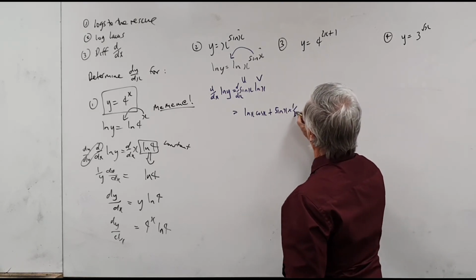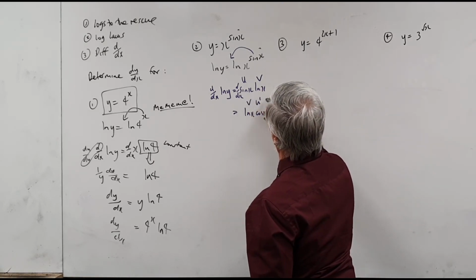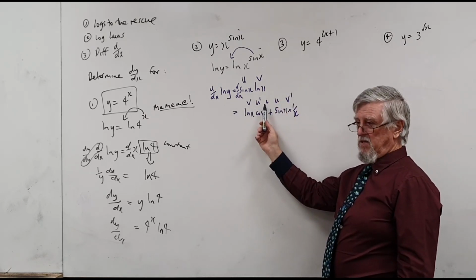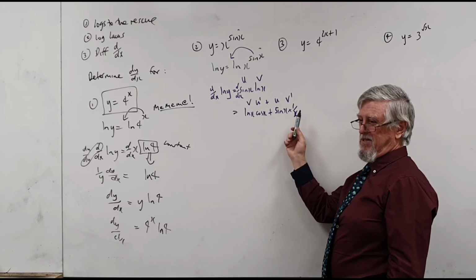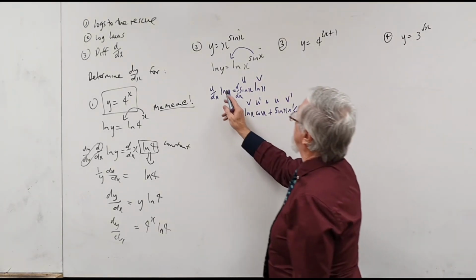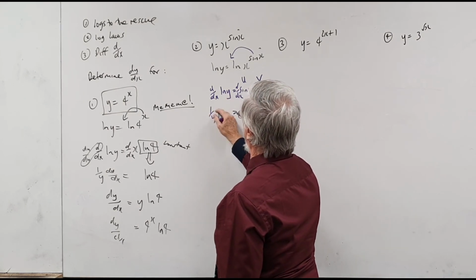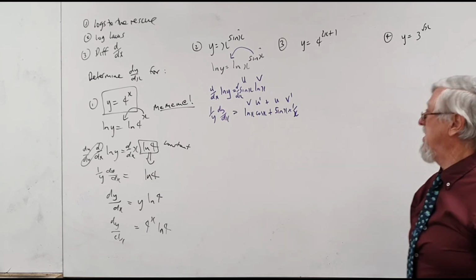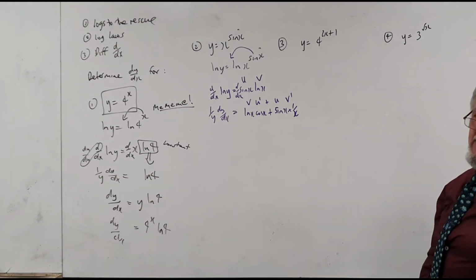Should I write here, for the sake of anyone watching, that's v u dash plus u v dash? A lot of people will go u v dash plus v u dash, but I go v first. So what's this one over here? 1 on y dy dx, same as what we did over there. And there's the question basically done.